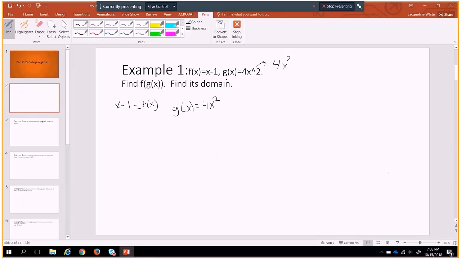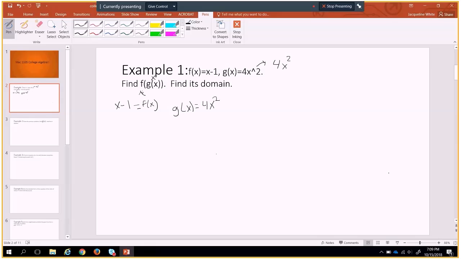So this is a composite function. Whatever function we have in our x place, instead of our g of x, we're just going to substitute this function in for every single x in our outside function. In this case, it's our f function.